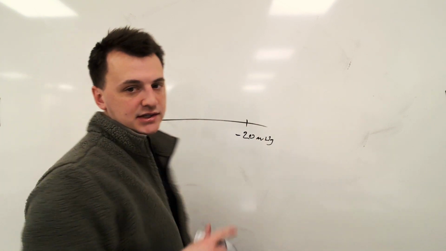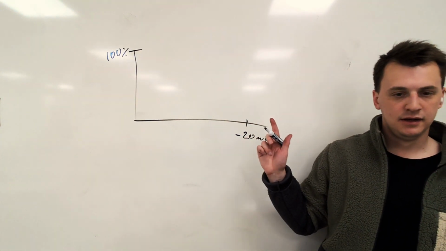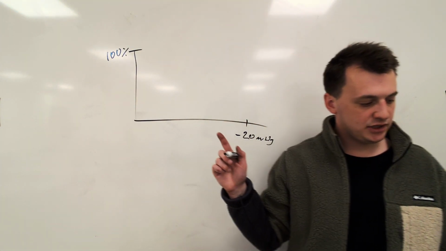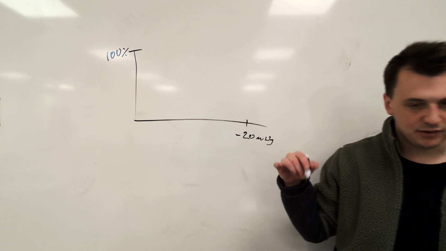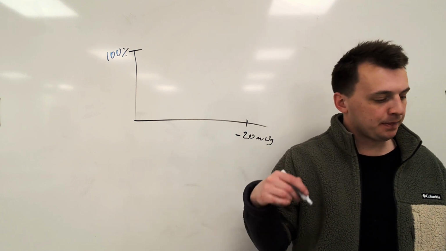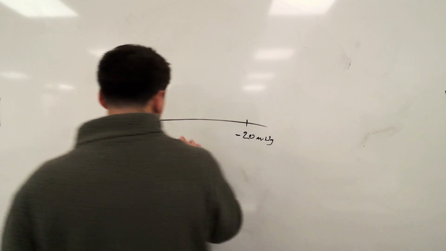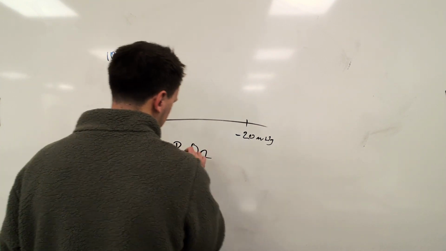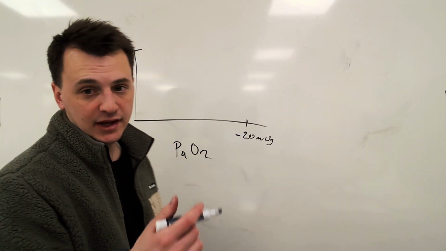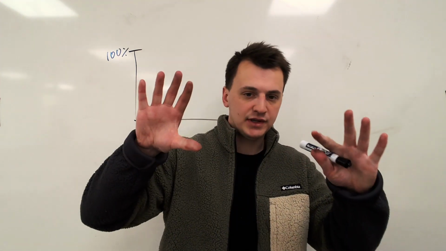Right, so 100% saturated at top. Sorry, I didn't show that earlier. 100% saturation is on top, and then we have like the resting cell, or the PaO2, or the atrial pressure of oxygen, right? So the pressure of oxygen within the atria. Right, remember that cycle that I just drew.